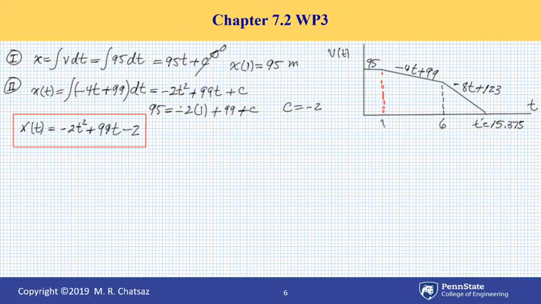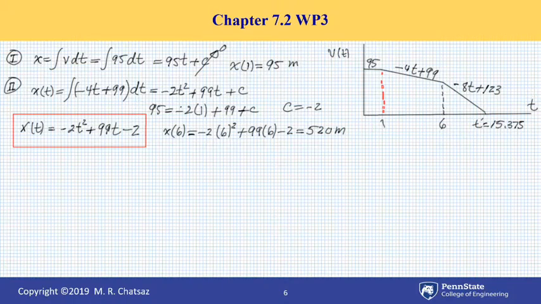So if I plug in t equal to 6 seconds, I have minus 2 times 6 squared plus 99 times 6 minus 2. This gives me a total distance of 520 meters, which is going to be used to find the constant of integration for the next phase.